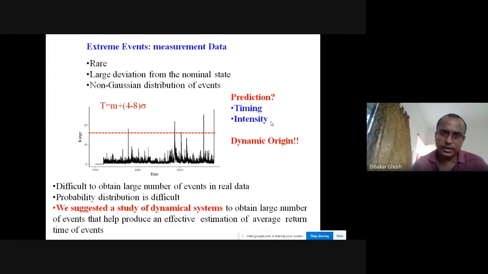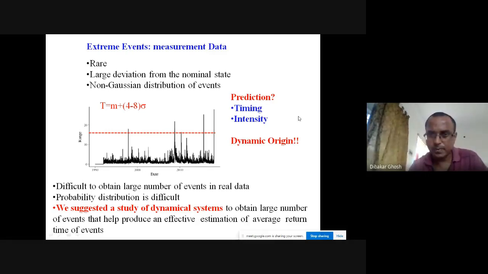From real data, the big problem is that the availability of events, or of data, is very small. But if we use the dynamical system concept, then we can create a large number of events and a large amount of data.